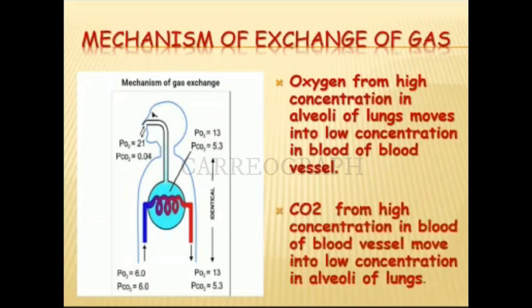Similarly, the concentration of carbon dioxide is more in the blood compared to the alveoli. Thus, the carbon dioxide from higher concentration in the blood vessels moves into lower concentration in the alveoli of the lungs. So this is how the exchange of gases takes place from higher concentration to lower concentration in the lungs.